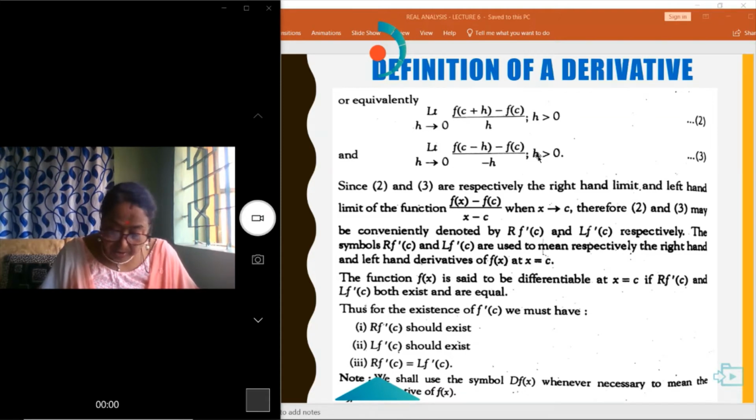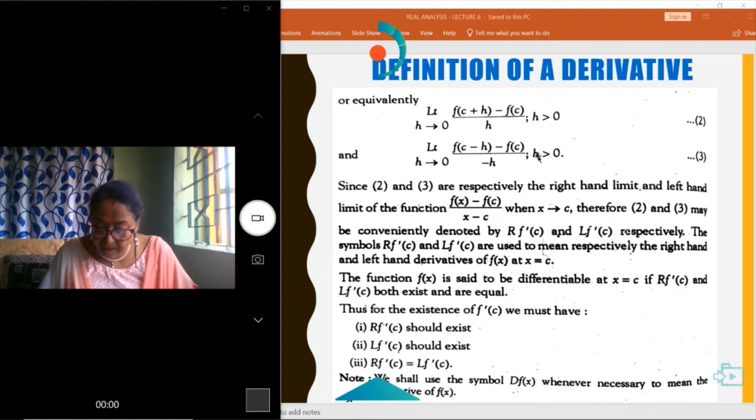Therefore 2 and 3 may be conveniently denoted by R f dash c, that means right, and L f dash c, left, respectively. The symbols R f dash c and L f dash c are used to mean the right hand derivative and the left hand derivative at x equal to c.